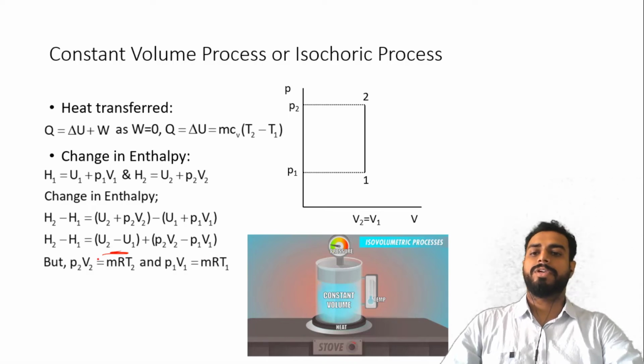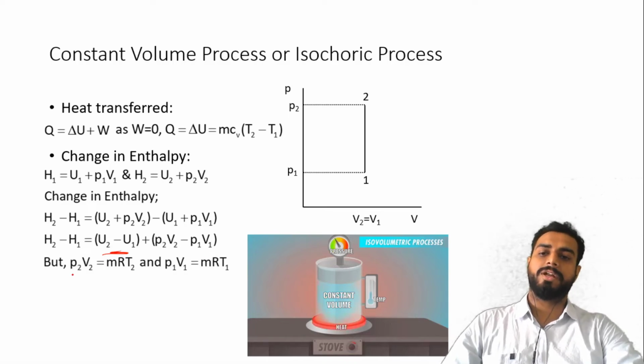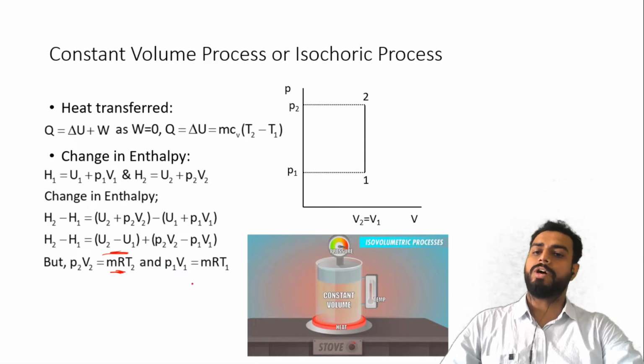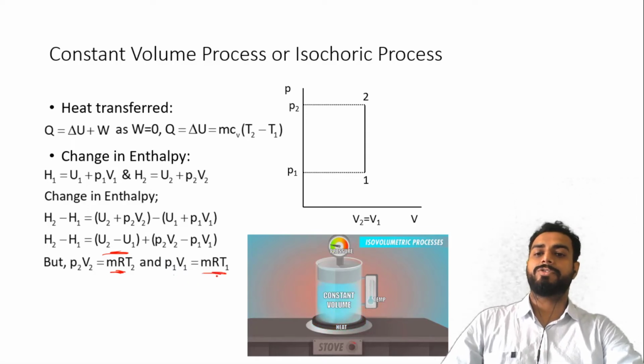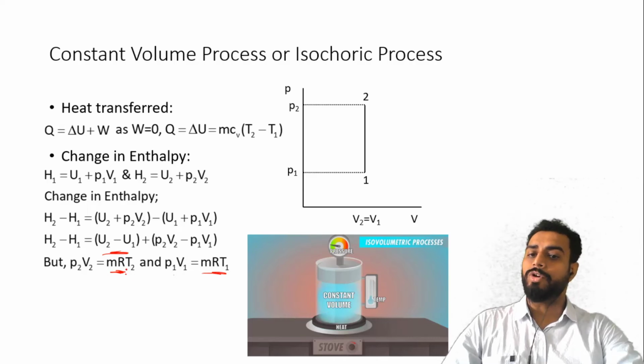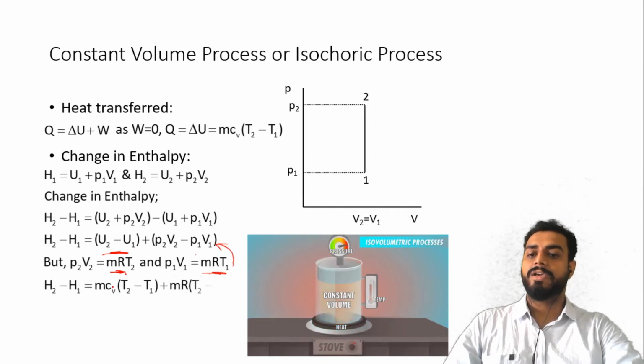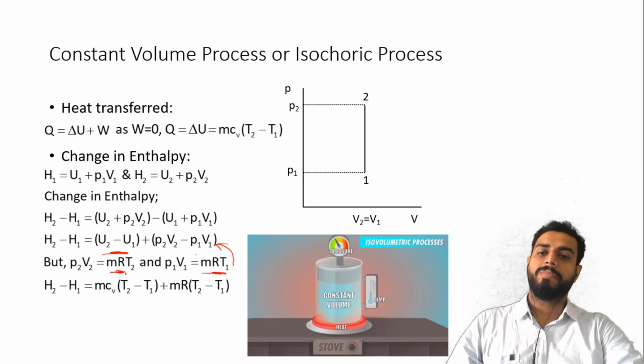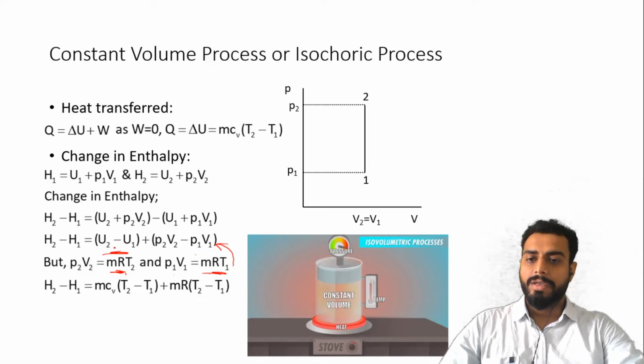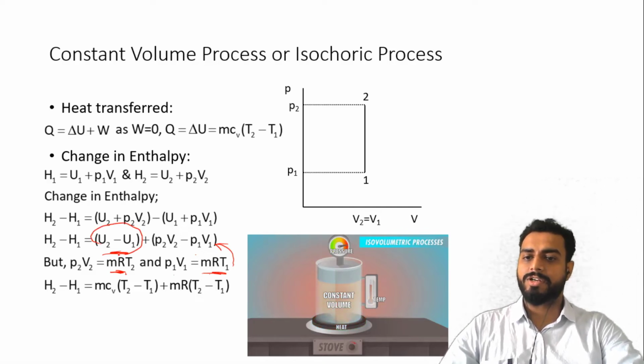Okay, so here you may appreciate that P2 V2 is equal to mRT2 according to the characteristic gas equation, right? And P1 V1 is equal to mRT1. So instead of P2 V2 you can write mRT2, and instead of P1 V1 you can write mRT1. Substitute these two values over here. So what we will get is mCV T2 minus T1 plus mR T2 minus T1. Now you might be having a doubt, sir, instead of this U2 minus U1, what have you written?